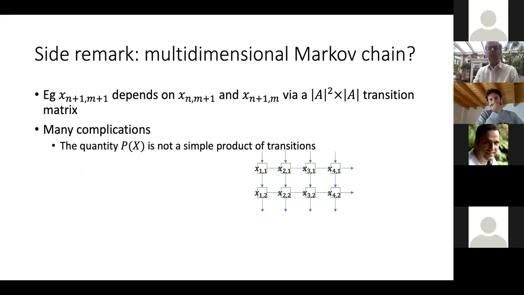But there are many complications. For example, the probability of such a symbol sequence is not the product of transitions. The reason is that to arrive at one symbol, you have many paths. It looks simple viewed from afar, but when you look closer, you have many complications.